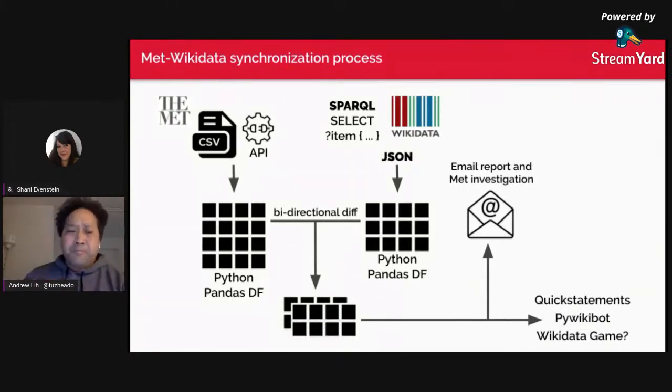So you can see that on the right-hand side here, we can do a Wikidata query and then bring in all the content and then compare those two. So believe it or not, we have enough space in computer memory to bring in all 600,000 items from the Met and then all tens of thousands from the Wikidata and then compare them on a massive scale and then spit out what needs to be changed and then affect that change if we need to.